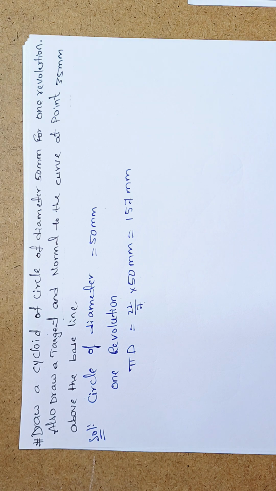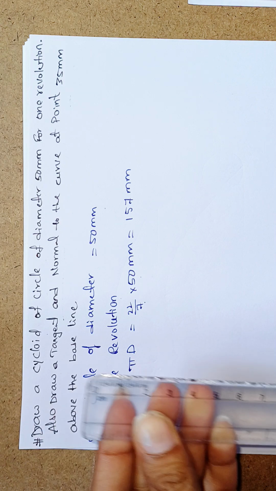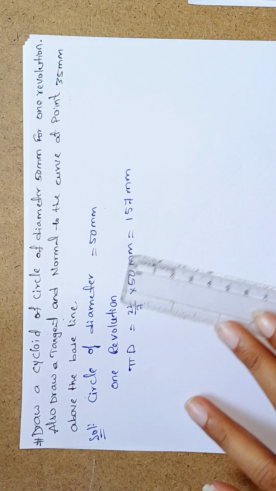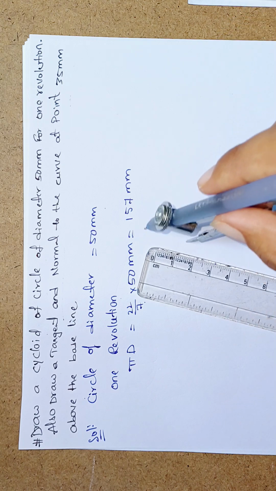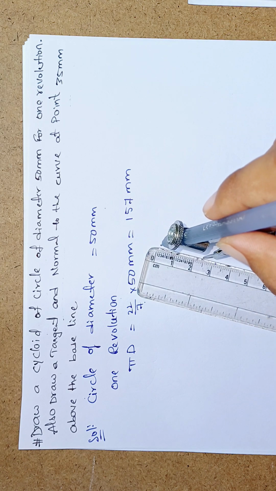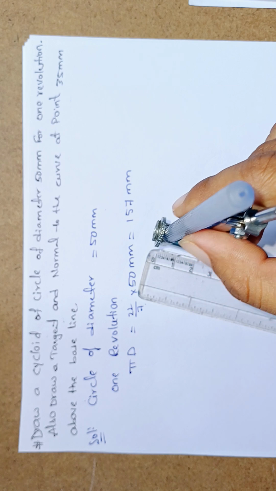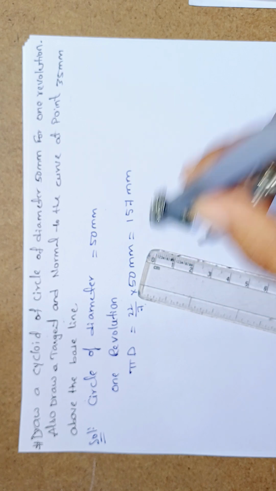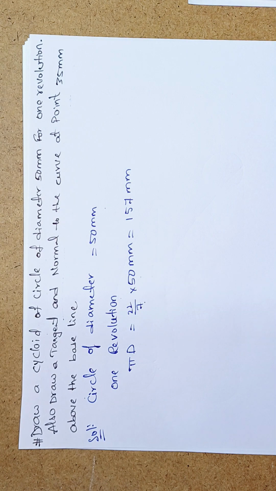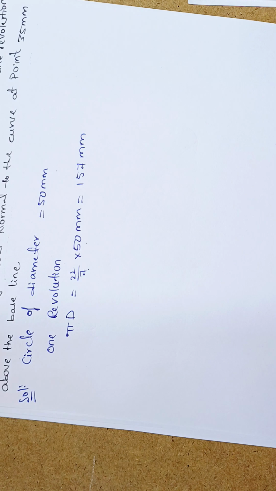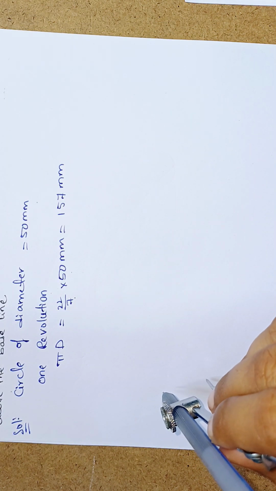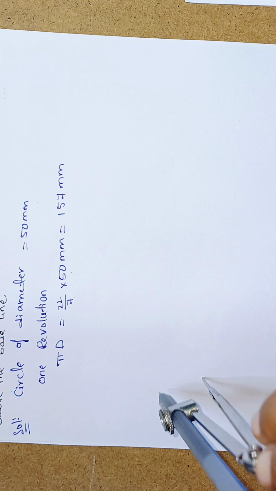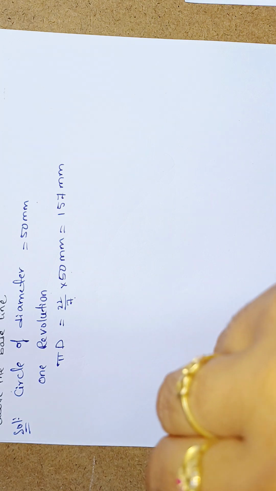Now we construct the cycloid with instruments. Take the scale measurement for the circle of diameter 50 mm, so take a radius of 25 mm. Take the compass, take the measurement, and draw a circle of diameter 50 mm.